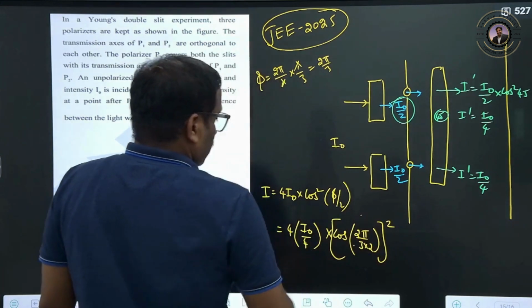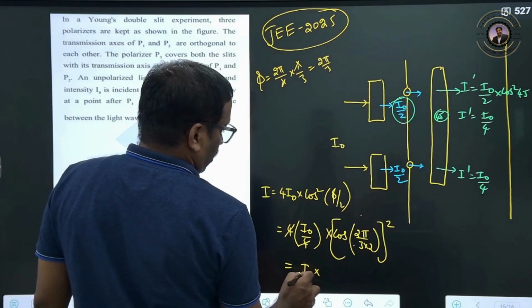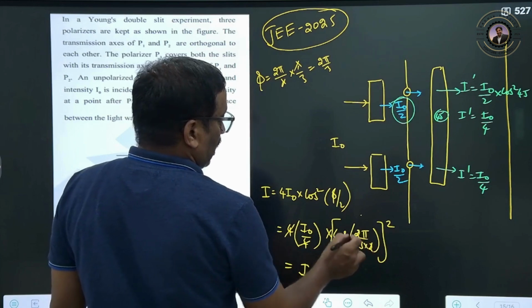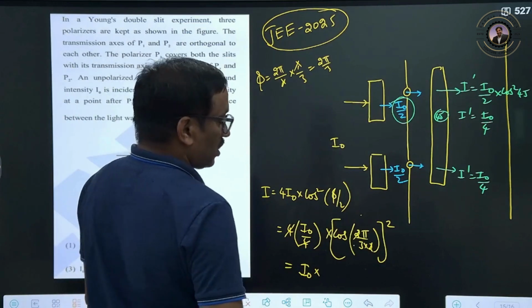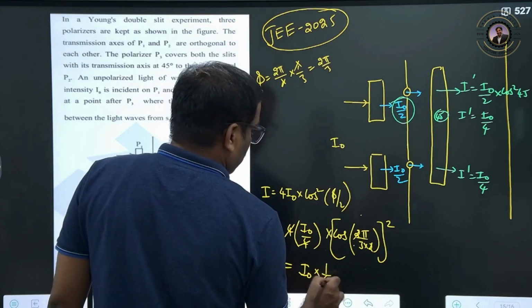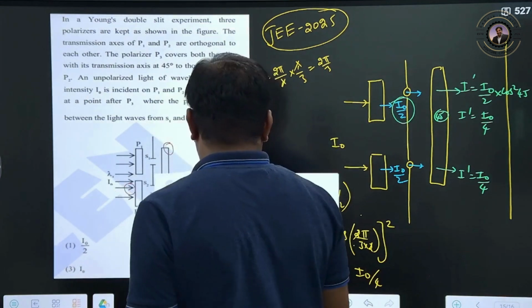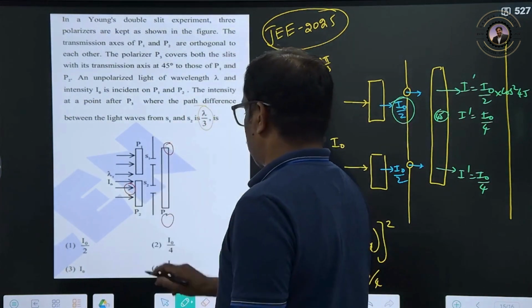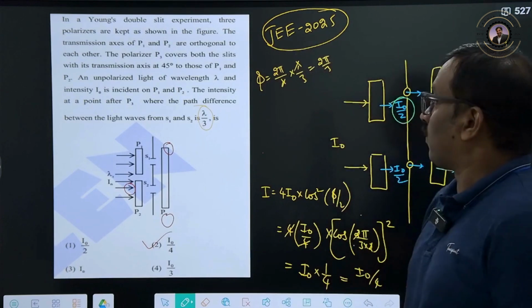Clear? This can be written as I naught into cos square of pi by 3, and pi by 3 means 60 degrees. Cos 60 is 1 by 2, and 1 by 2 whole square is 1 by 4. So I naught by 4 will be your correct answer for this question.